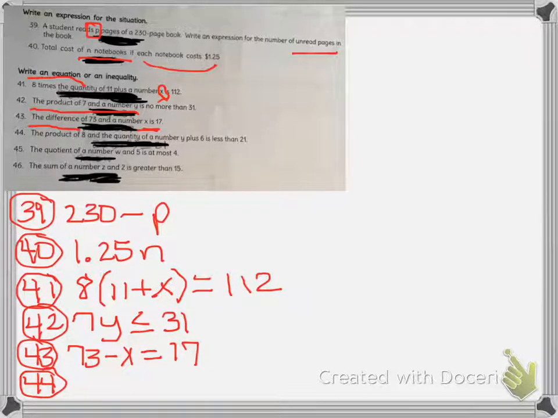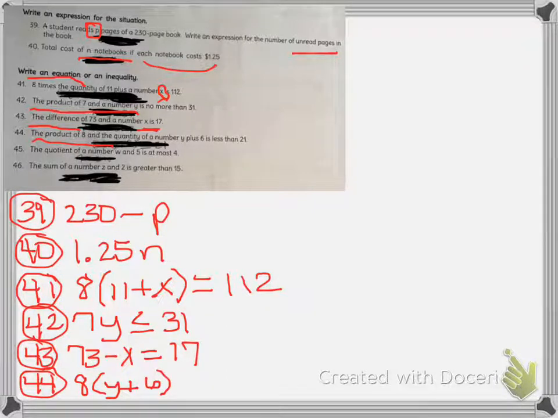Let's look at 44. The product of 8 and the quantity of number y plus 6 is less than 21. This is what we talked about previously in 41. So the product of 8 and the quantity, so we're going to put 8 parentheses, 8 times, of a number y plus 6.